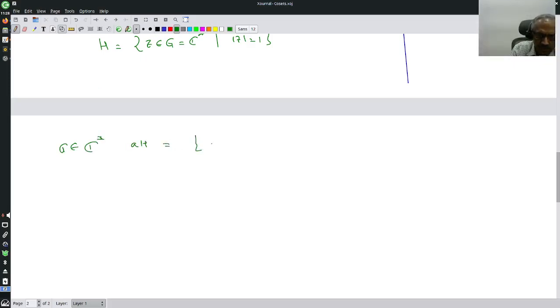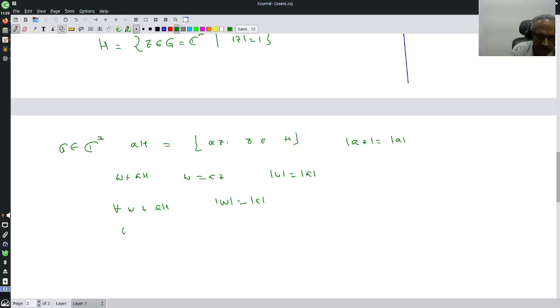Now aH is going to be a times z, where z is in H. But remember, modulus of a times z is the same as mod a. Please understand, go slow. Suppose w is a point in aH, then w is of the form a times z. Therefore mod w equals mod a.